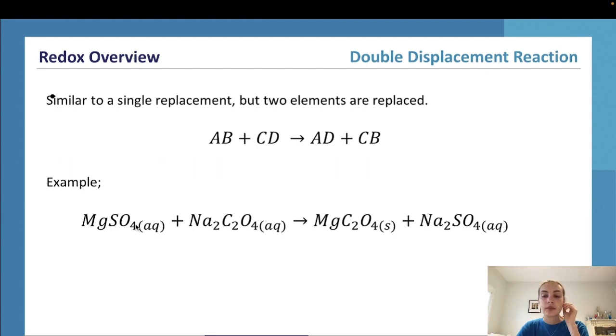So we can use rule 6 for oxygen and rule 7 for magnesium. However, we've got 4 oxygens, so we'll do -2 times 4, and that gives us -8.